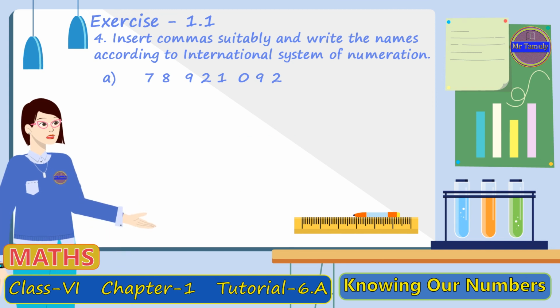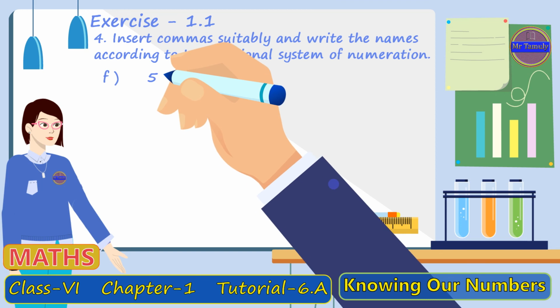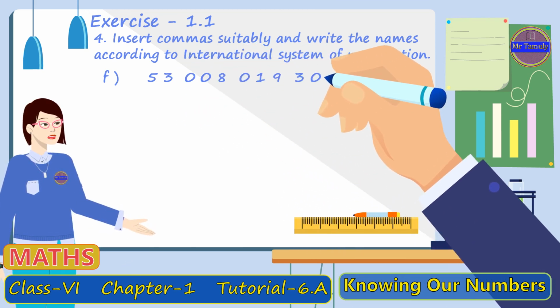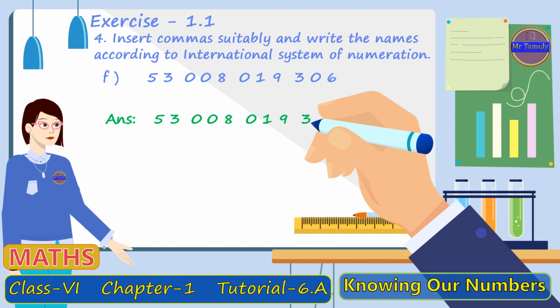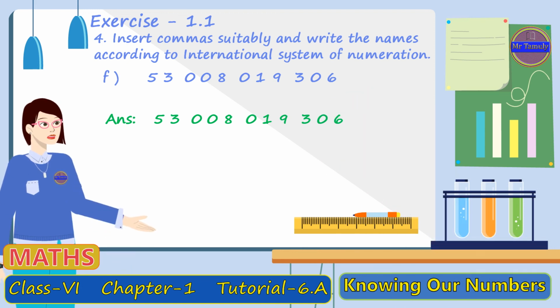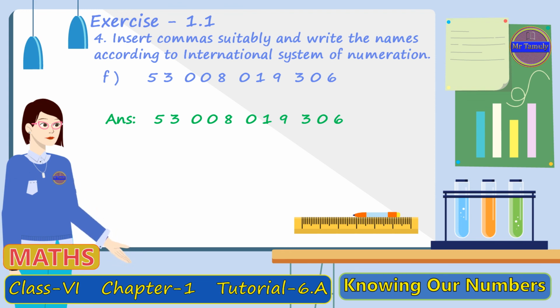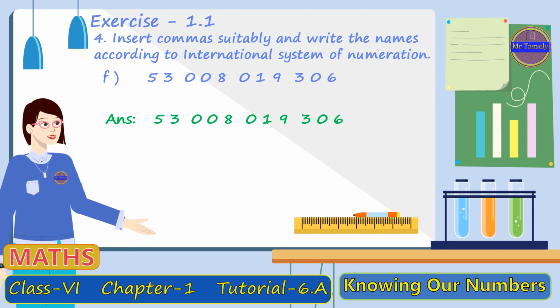As our last question, let's take the number 53,008,019,306. So the first step of the answer is to write the given number itself. We shall make sure to leave just enough gaps between digits for inserting commas. As per the international format, commas are to be placed after every 3 digits as we move from right to left.